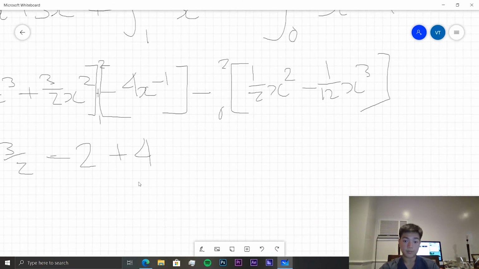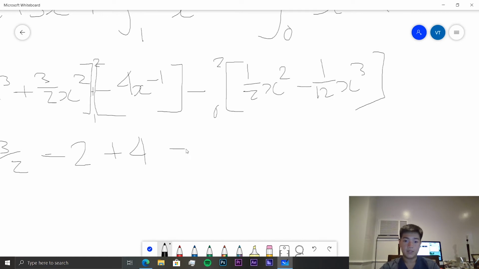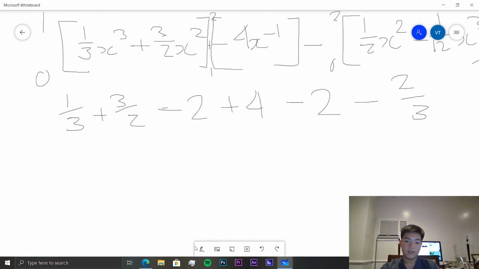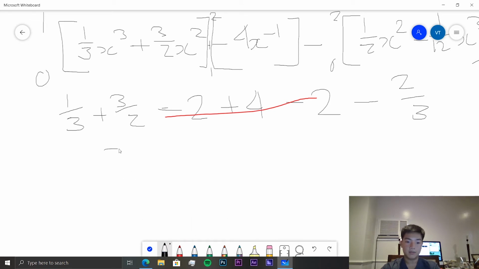Minus 2, minus 8 over 12. So minus 1/3, minus 2/3. So what we have here is, if we just add all of this up, these will cancel out. So we get 1/3 plus 3/2 minus 2/3, which is 3/2 minus 1/3.